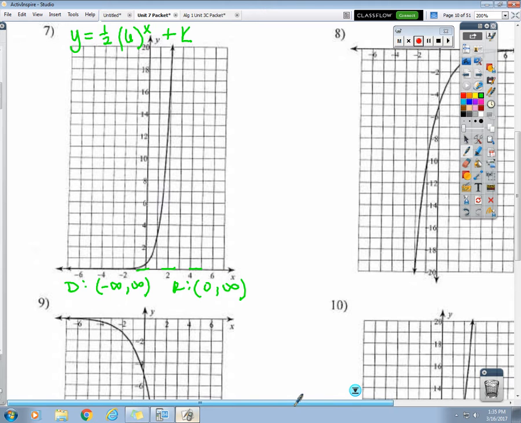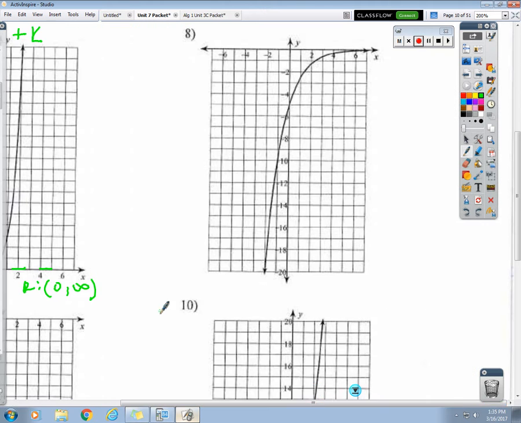Okay, number 8. What's different about number 8? It's upside down. So it's obviously been reflected over which axis? The X. So if you reflected it back, doesn't that mean it would have looked like this before? So what are we dealing with, a growth or a decay? Decay.